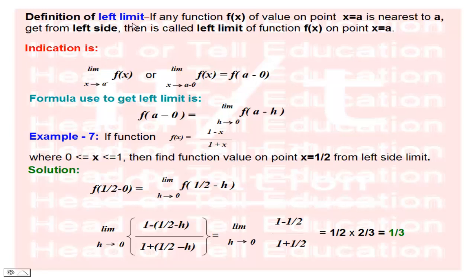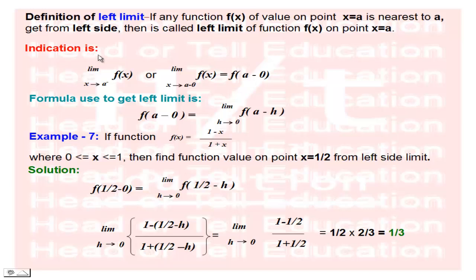Definition of the left limit. What is the left limit of a function? If the value of any function f(x) at the point x equal to a is nearest to a, approached from the left side, then it is called the left limit of the function f(x) at the point x equal to a.